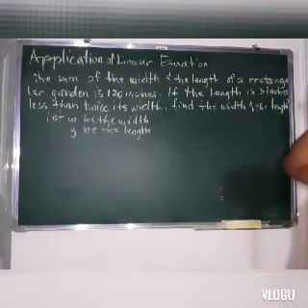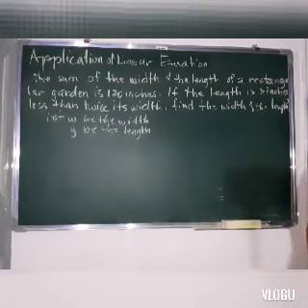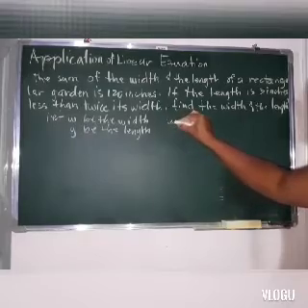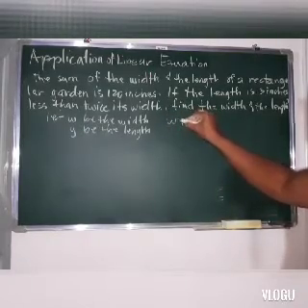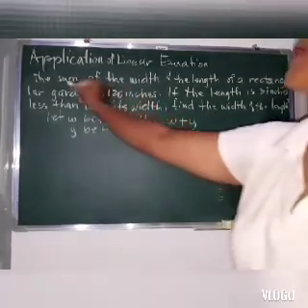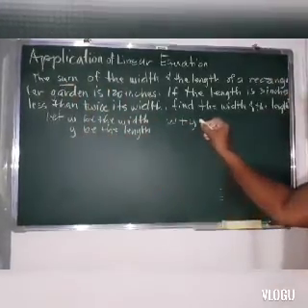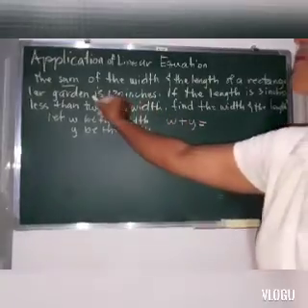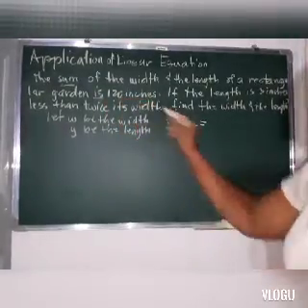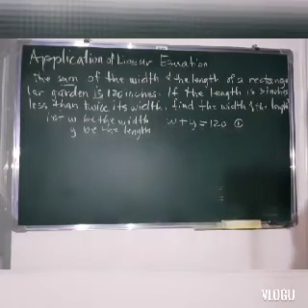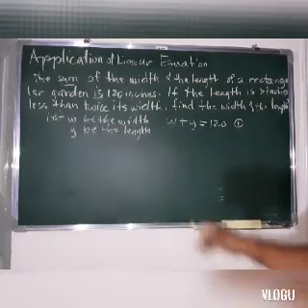The sum of the width and the length of a rectangular garden is 120. So equation number 1, W plus Y, sum of the width and the length, is equal sign 120 inches. So this is for our equation 1. How about equation 2?